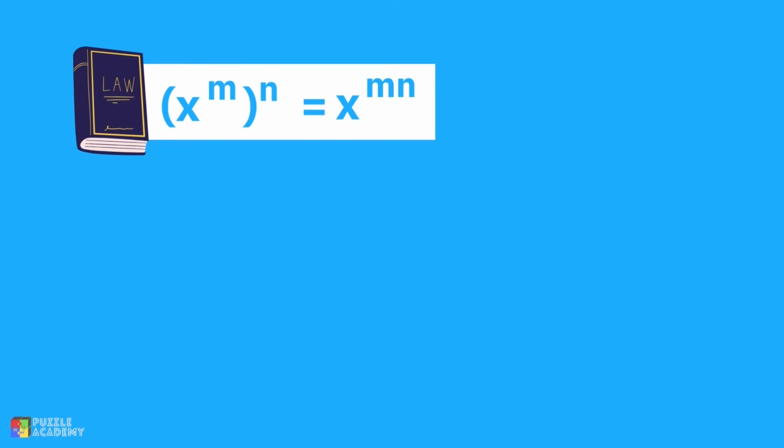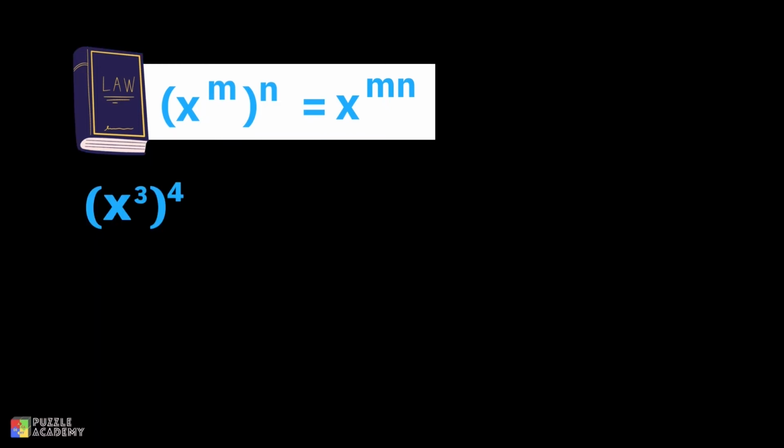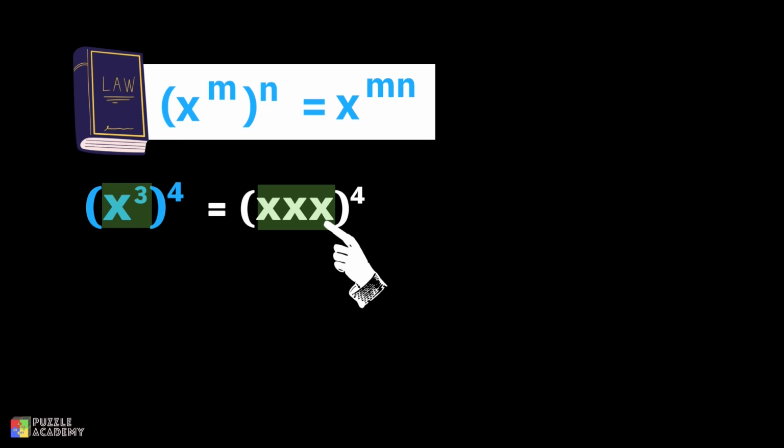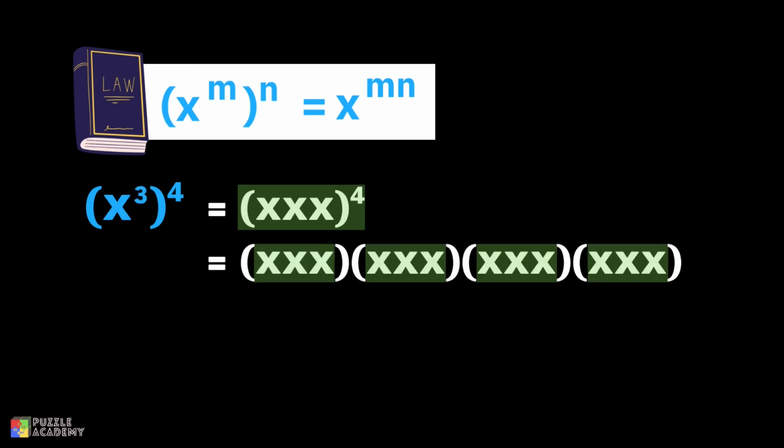Now, if we're going to talk about the law that x raised to m raised to n is equal to x raised to m times n, first you multiply m times, then you have to do that n times, for a total of m times n times. For example, the quantity x raised to 3 raised to 4 can be written as x times x times x, which comes from x raised to 3 and is written this way 4 times.